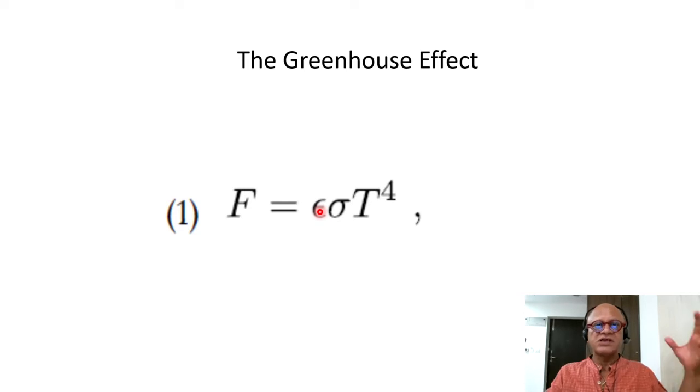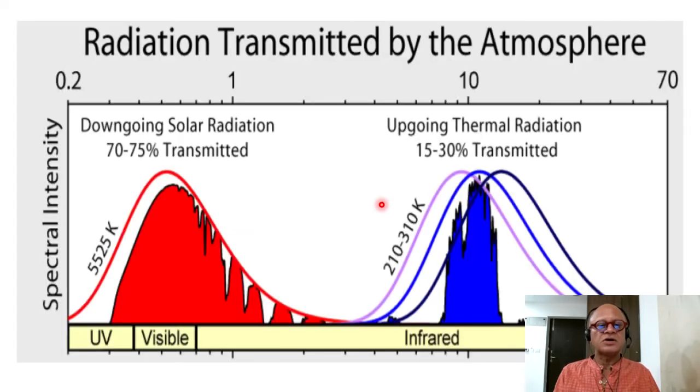A black body is something that absorbs all wavelengths and then emits all wavelengths. So the main thing to remember is that Earth is emitting as a black body, though not perfect, and the energy that goes out is proportional to fourth order of temperature, T to the fourth. Okay, that's something important to remember.